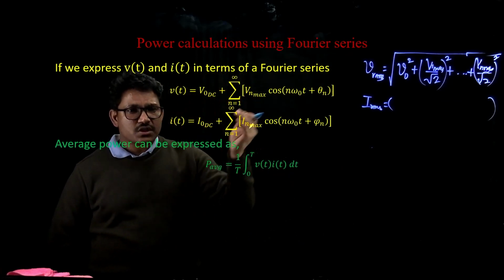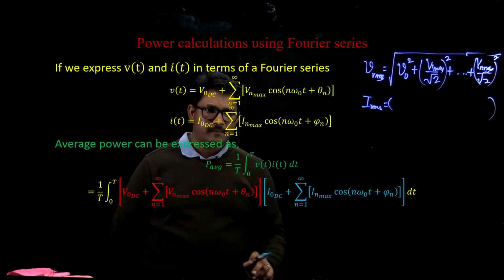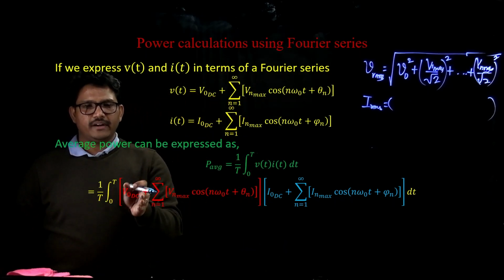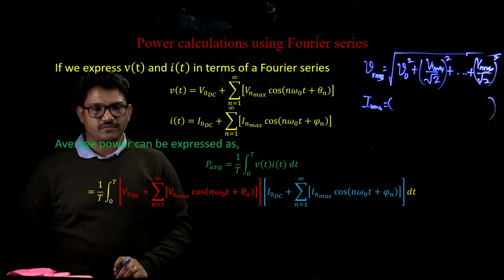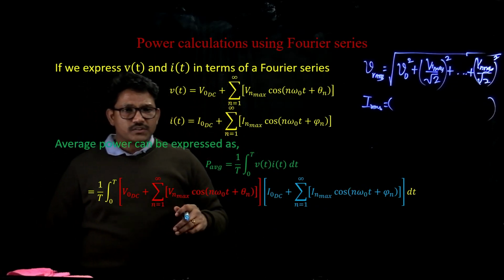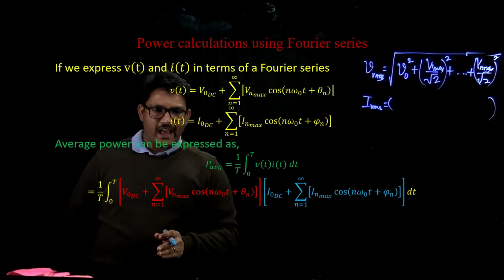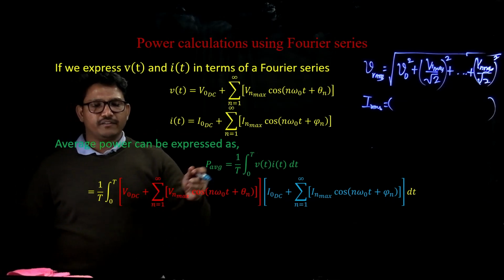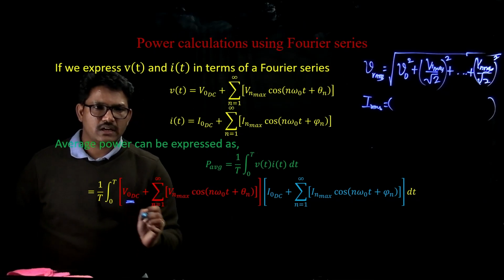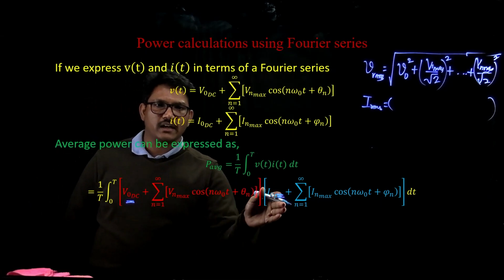Now, if you substitute the voltage and current expressed in terms of Fourier series, we have the average, that is 1 upon T times the integral, which defines the average of that function. When we simplify this integral, we will have 4 different terms. The first term is the integral of the constant voltage and constant current, which will remain.